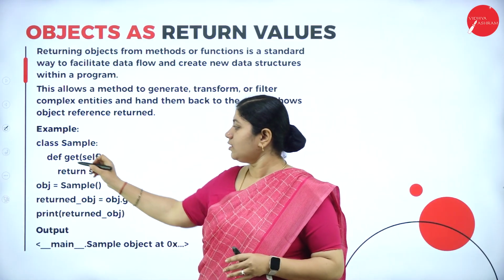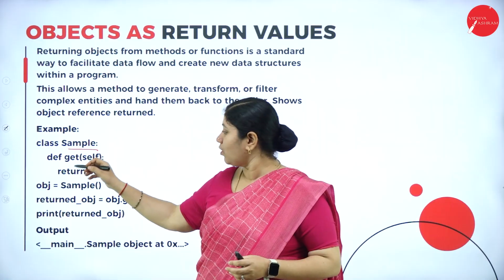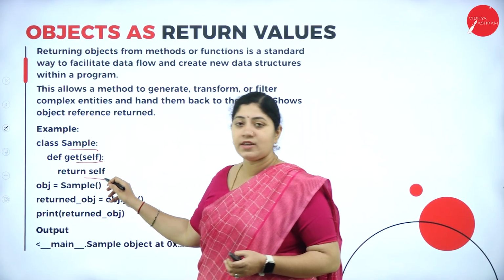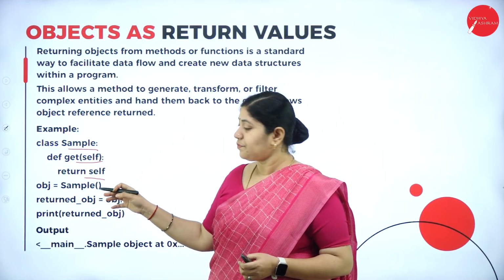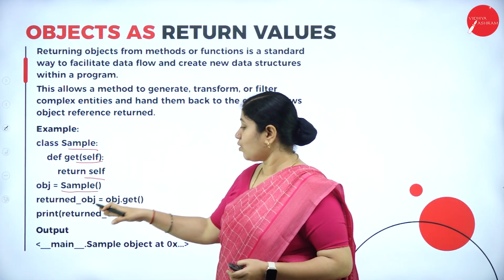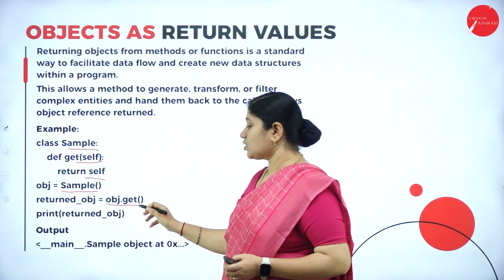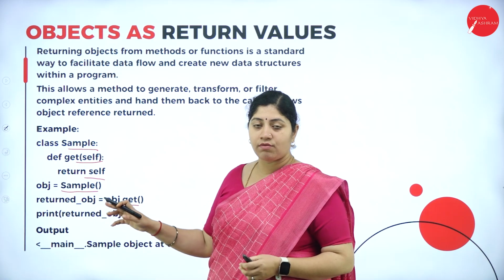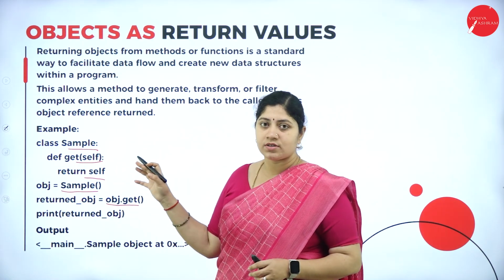Let's see an example here. We are defining class Sample, followed by get of self, and we write a return statement, return self. Now we create an object with Sample, followed by returned object equals object.get. That is the get function we defined, called on the main object, correct?